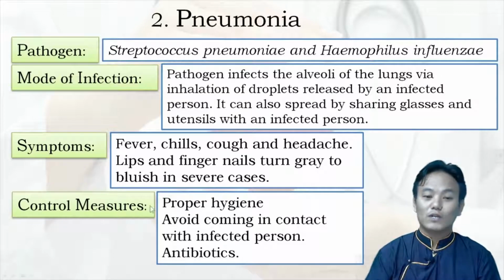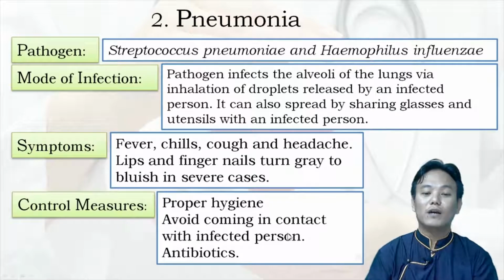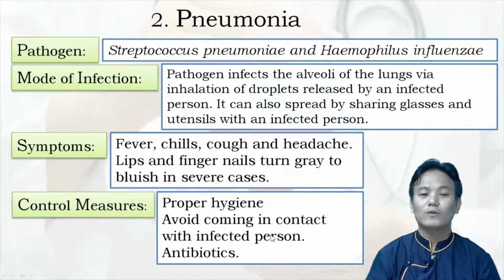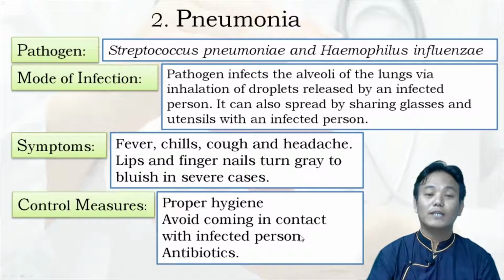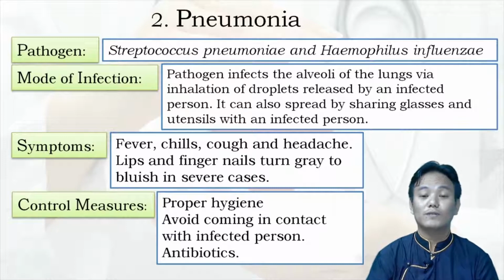Now, what are the control measures? Control measures include proper hygiene. Proper hygiene is really important here. And avoid coming in contact with an infected person, just like with tuberculosis, I hope you know about tuberculosis. You have to avoid public places and public gatherings, just the way we are doing right now in order to prevent ourselves from getting infected with coronavirus.